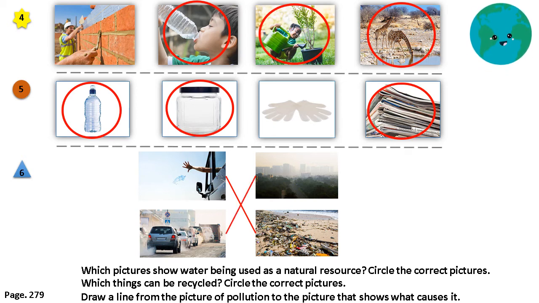And then let's draw a line from the picture of car traffic to the picture of polluted air. Remember, trash thrown on the ground and not into trash containers causes land pollution, and car exhaust causes air pollution.